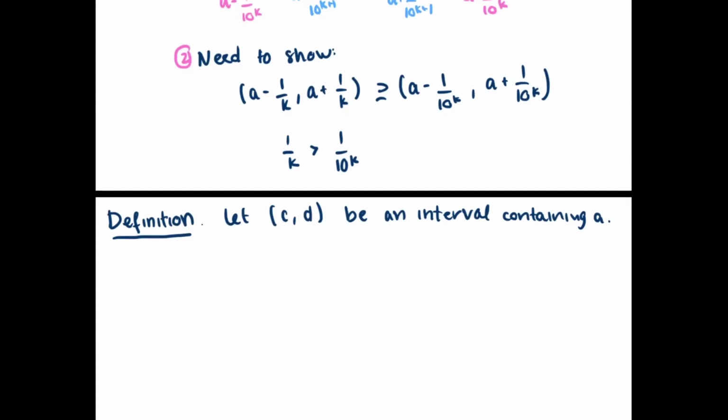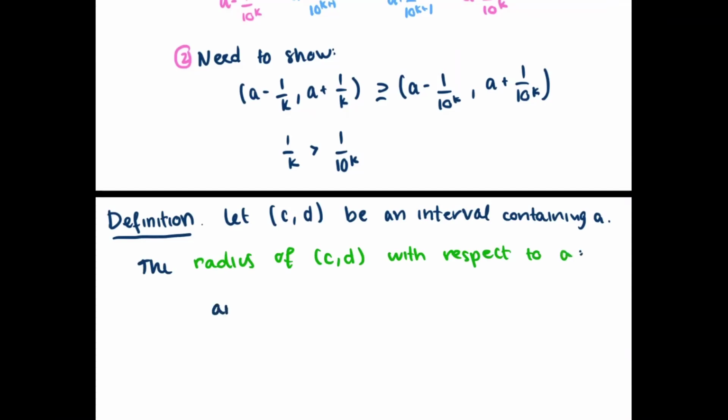Then we're going to call the radius of the interval C comma D with respect to A the following quantity.